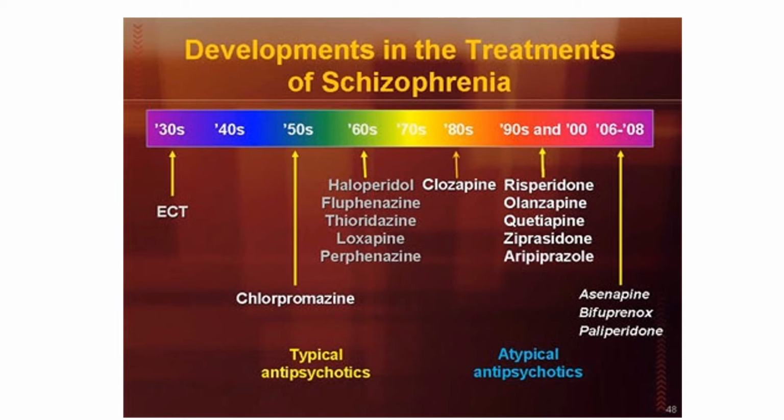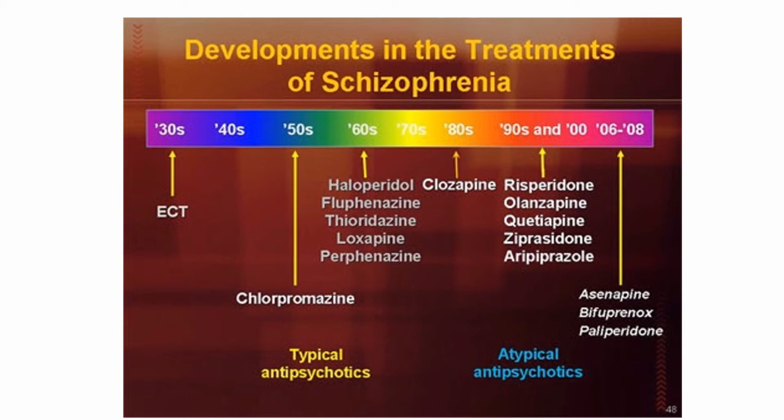It's still used, but it's really just reserved for resistant psychoses because it has a very nasty side effect of bone marrow suppression, and people need to have their CBC checked frequently. So it's really reserved for resistant psychoses, but there's a slide on it.